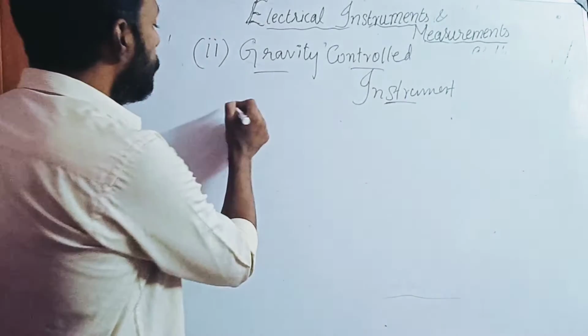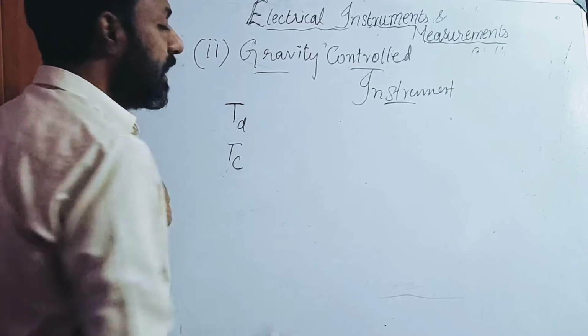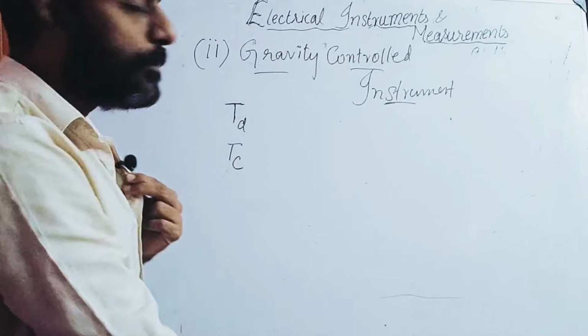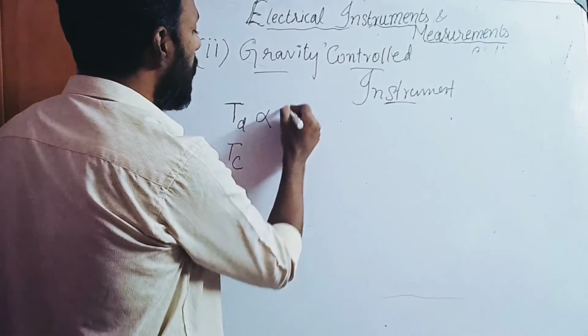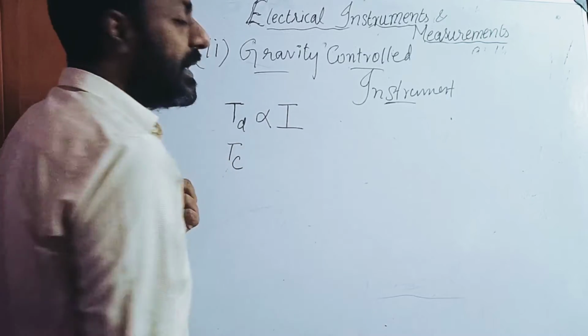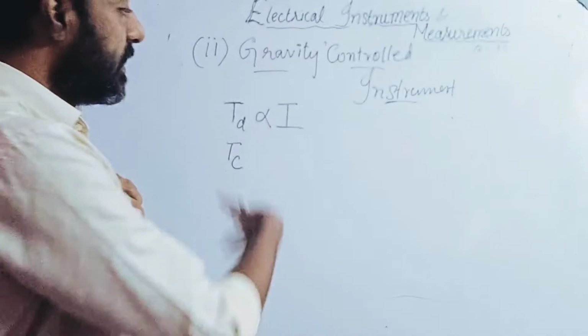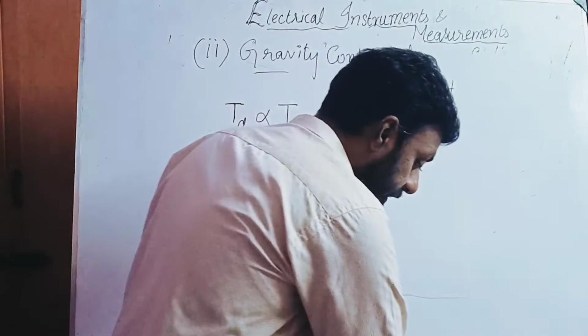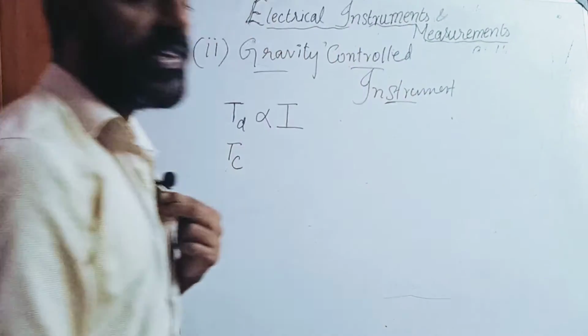Okay, so here for TD, that is for deflecting torque, as far as a gravity controlled instrument it will be directly proportional to I, but in our case we are looking out for the square of the current. Okay, because it has been written as the torque of an ammeter varies as the square of the current.